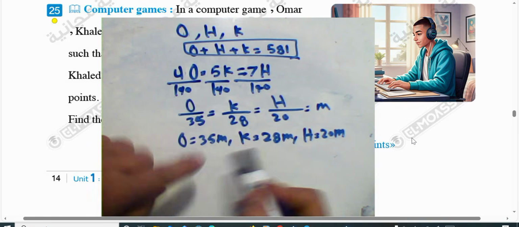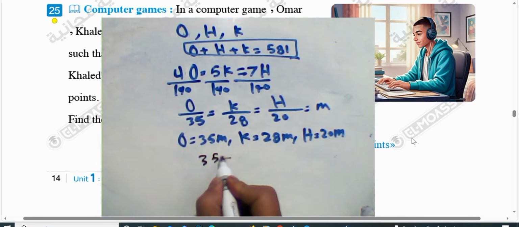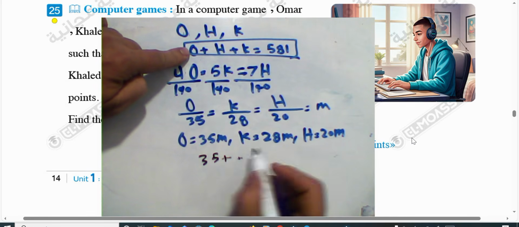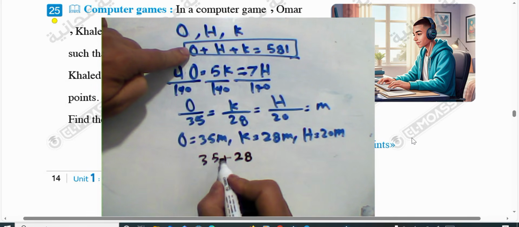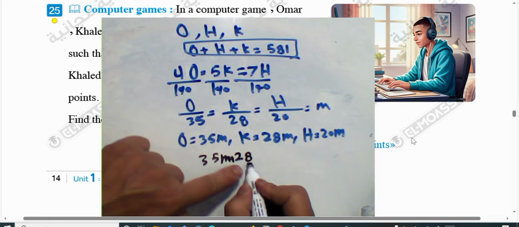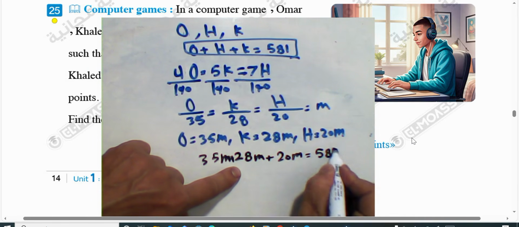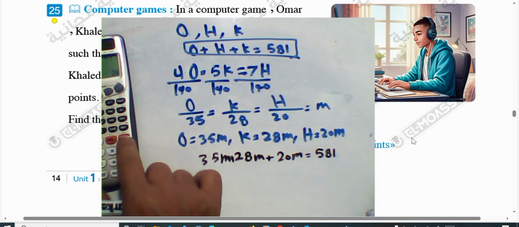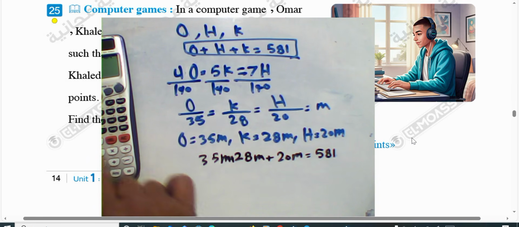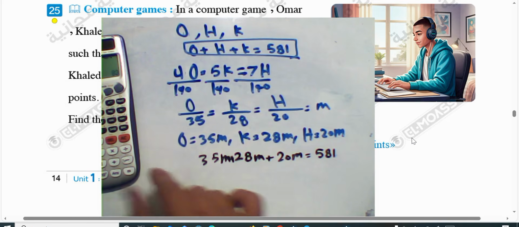We can collect 35M plus 28M plus 20M equals 581. Collect 20 plus 28 plus 35 equals 83.